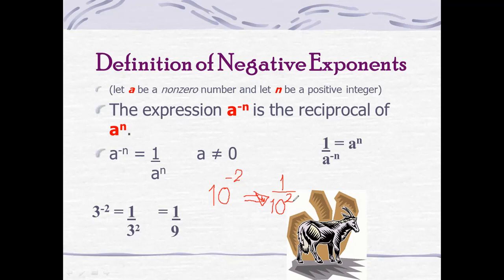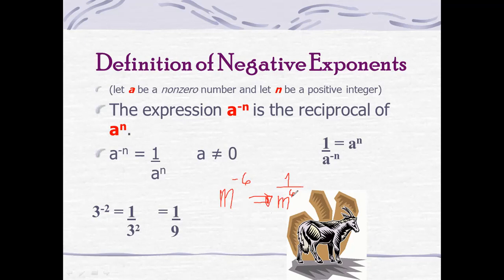For example, you have here m to the power of negative 6. If we write that one as a reciprocal, because that is having a negative exponent, that is 1 over m to the power of 6.